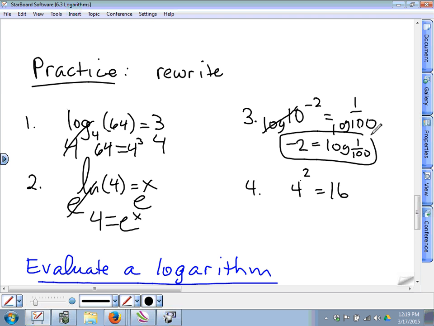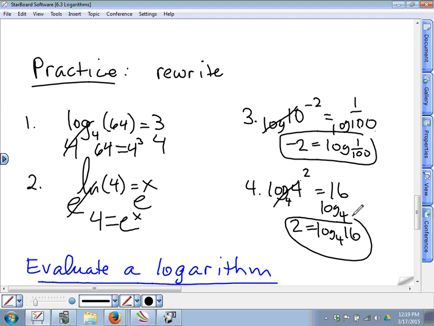It is log base 4 on both sides. What cancels a base of 4, you guys? A log base 4. Go ahead and write. Log base 4. And then on the other side, log base 4. There we go. What should Josh cross out? 4 in the log base 4. So 2 equals log base 4 of 16. Nice. Thank you.